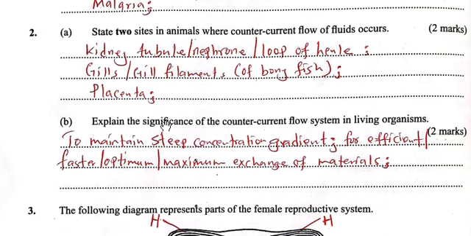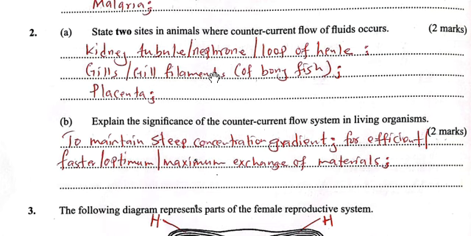Before you answer the question, you need to understand what countercurrent flow is. Countercurrent flow is a flow which involves fluids moving in opposite directions, and it occurs in the kidney tubules, or specifically the nephron or the loop of Henle. Then we also have the gill filaments in a bony fish. Then we also have the placenta.